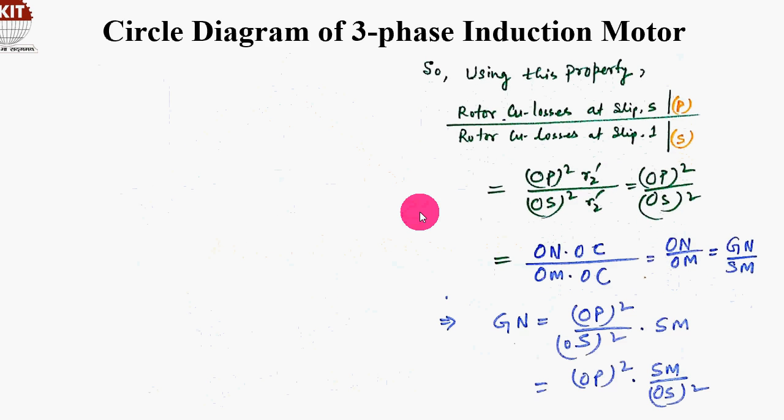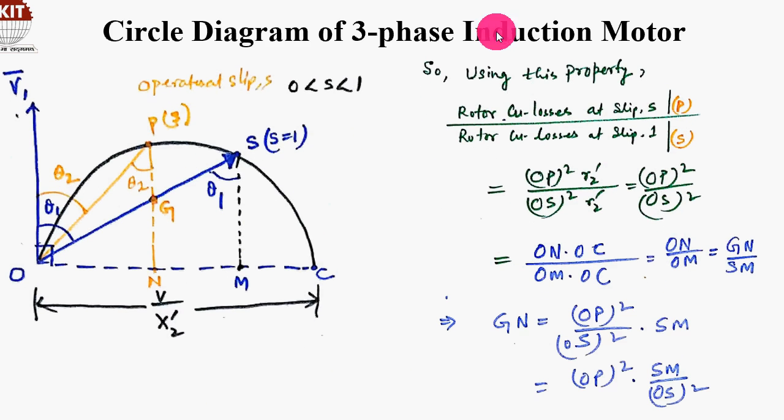Okay, so now we obtained that rotor copper losses at slip S, that is at point P, for this operating point, upon rotor copper losses at slip 1, that is this operating point S, will be equal to OP square upon OA square.